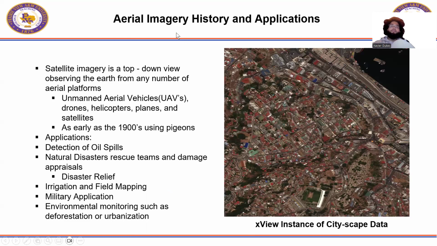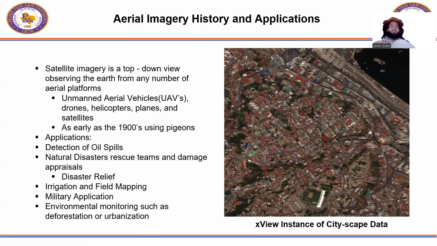All right. Aerial imaging and its history, and then its various applications. Satellite imagery is a top-down view of observing Earth from any number of aerial platforms, including UAVs, drones, helicopters, and planes. As early as the 1900s, there were uses of cameras and pigeons to survey battlefields and enemy trenches.